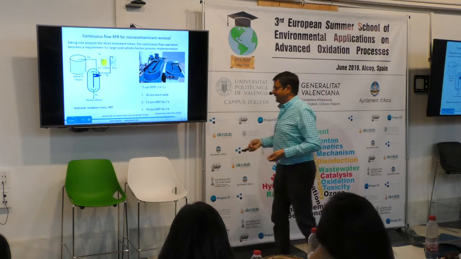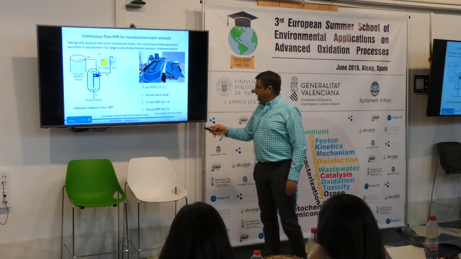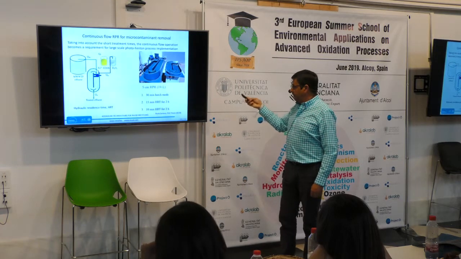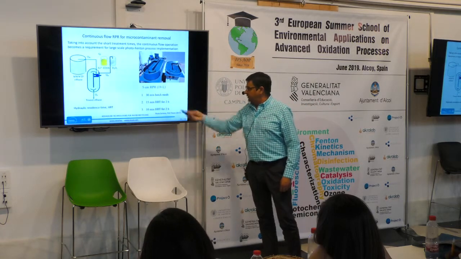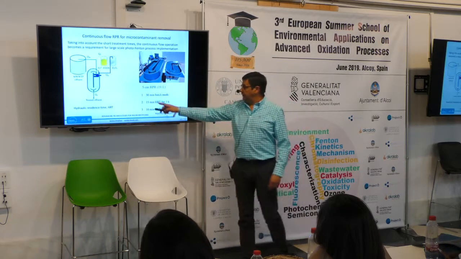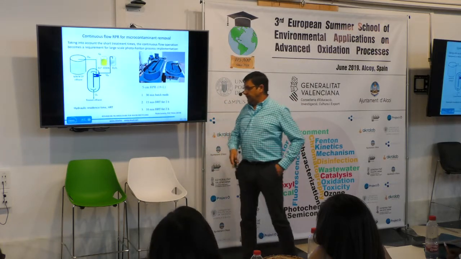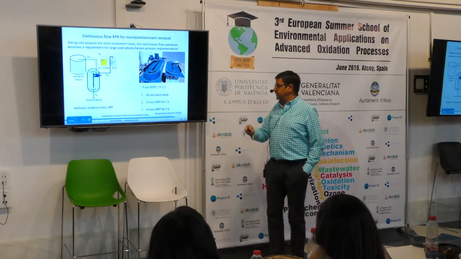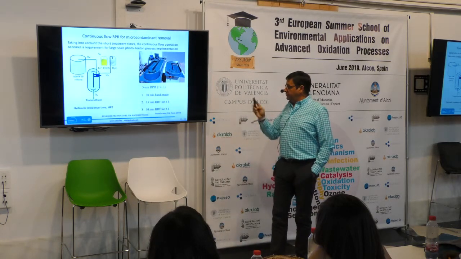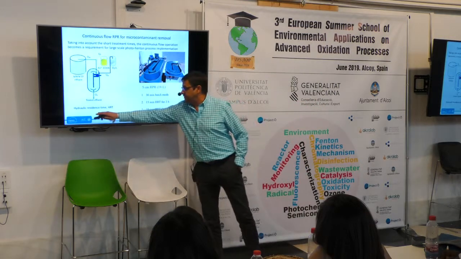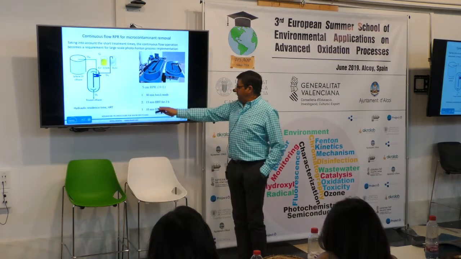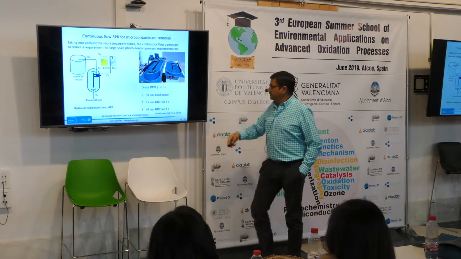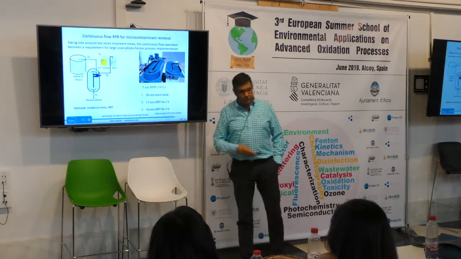5 minutes, no? The treatment started with a batch operation for 30 minutes, and then the continuous mode operation started, and we worked with two different hydraulic residence times. 15 minutes for 2 hours, and next 10 minutes for another 2 hours.